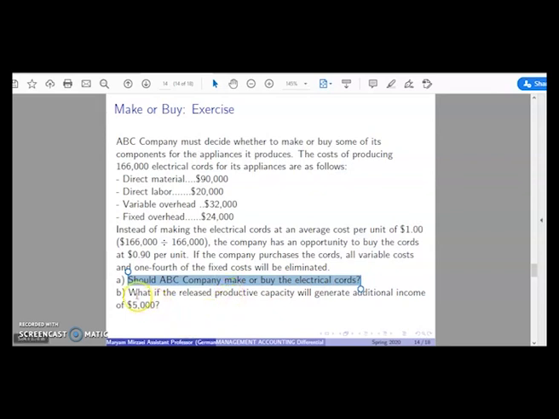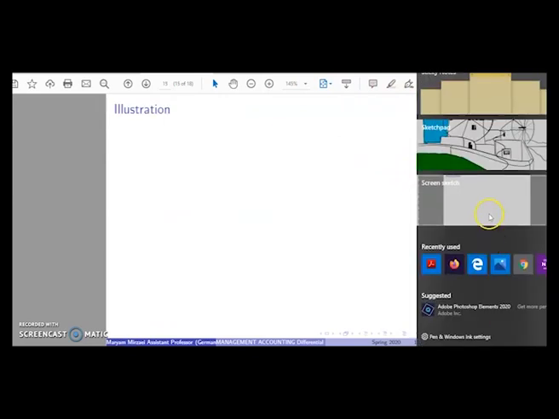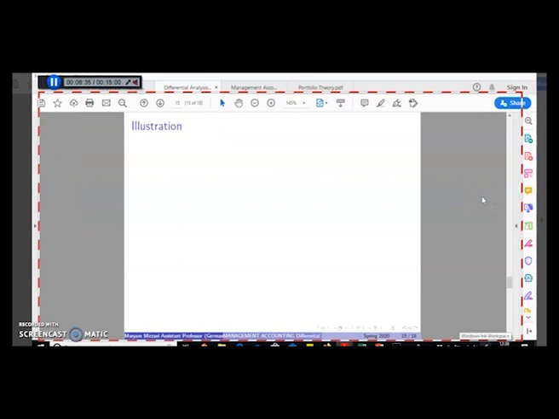Now, the second part, the question is what if the released productive capacity will generate additional income of $5,000. This $5,000 in this case will be opportunity cost that I should take care of. So this time, I will prepare the table for opportunity cost.